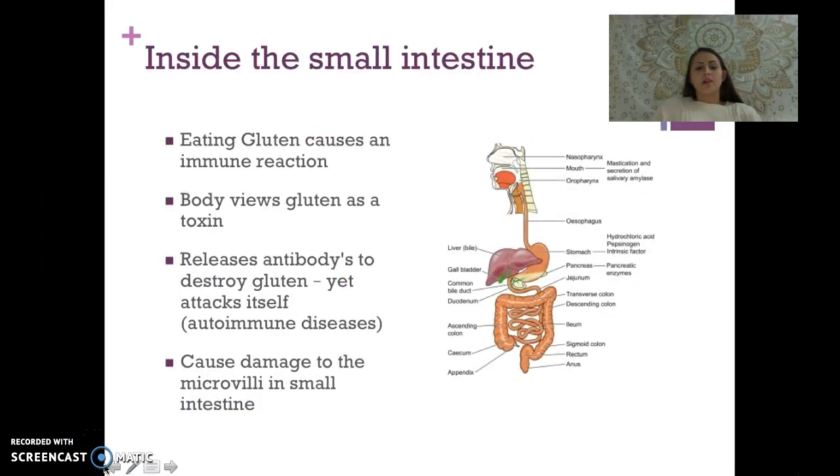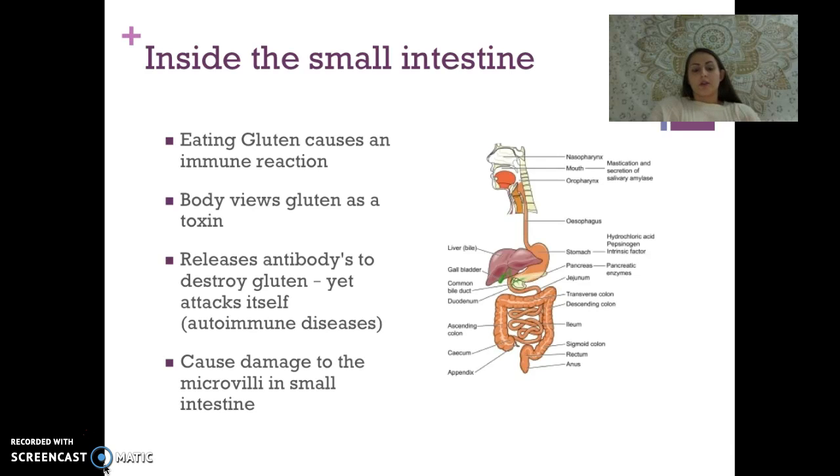So let's talk about what happens inside the body with celiac disease. When you eat gluten, it causes this immune reaction that causes an inflammatory response that directly affects the small intestines. The body views gluten as a toxin, so when you ingest it, it causes a release of antibodies to destroy the gluten.